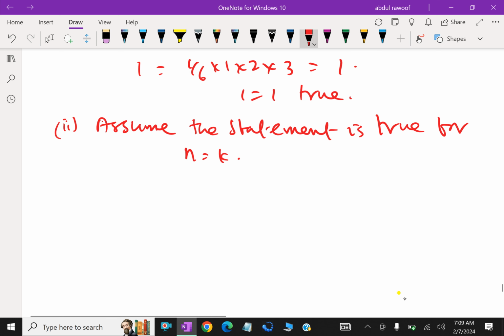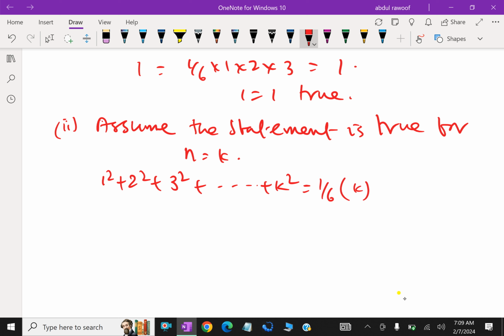Now the statement is 1 square plus 2 square plus 3 square up to k square, which is equal to 1 over 6 k into k plus 1 into 2k plus 1.